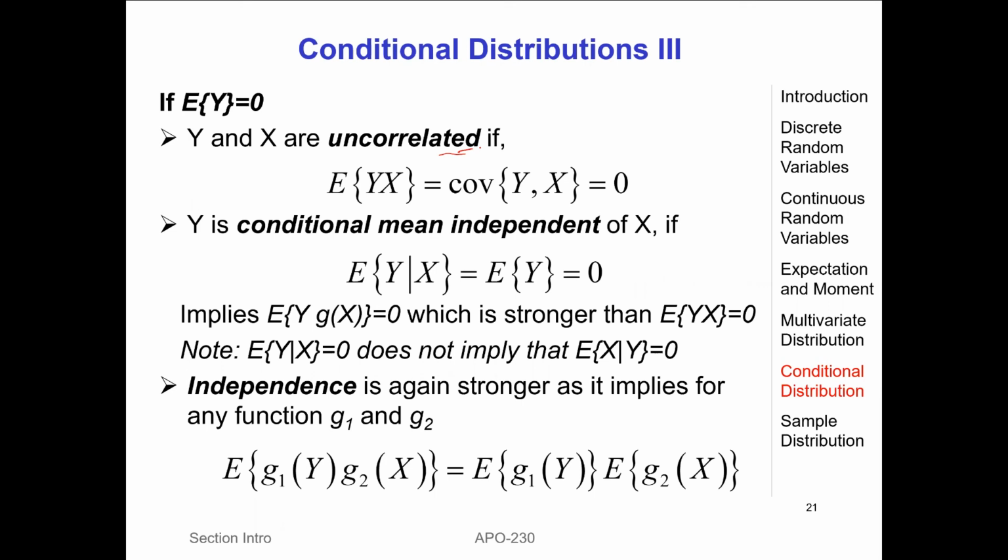That means the expectation of y times x equals the covariance of y and x equals 0. So this we knew already before. We knew that the covariance will be 0 in this case. But why is the expectation of y times x also 0?